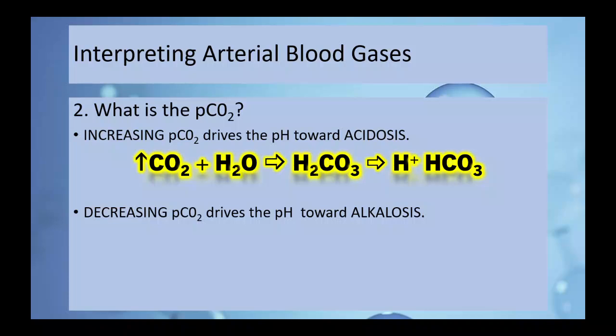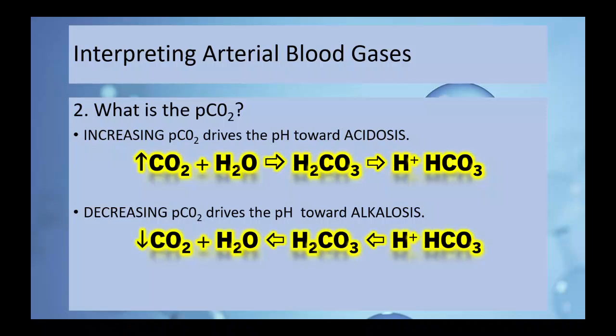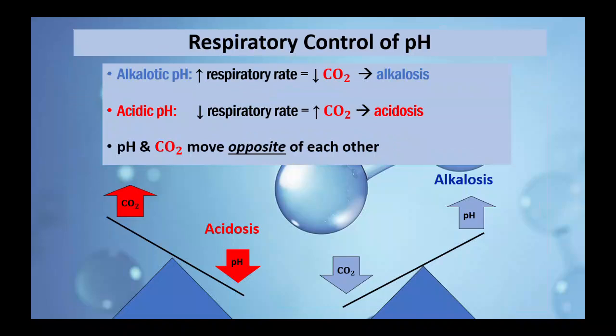If CO2 goes down, then the pH is going to move toward alkalosis. So the pH will go up. If CO2 goes down, pH goes up. Notice here, I've got a decreased arrow by CO2, and the arrows are shifting the other way. So this is then a respiratory cause of either acidosis or alkalosis.